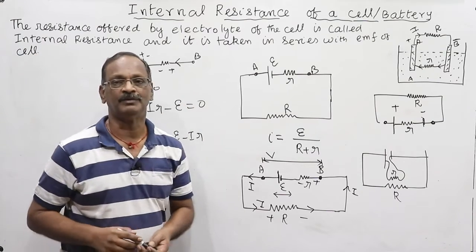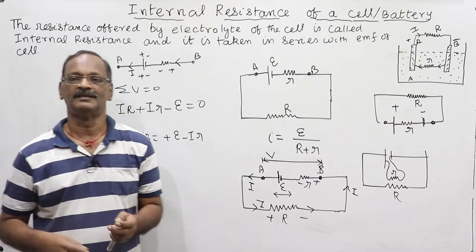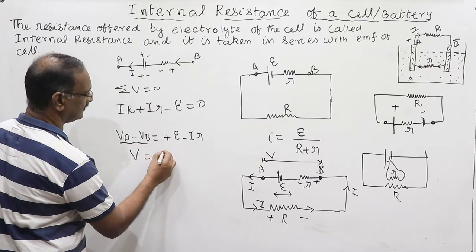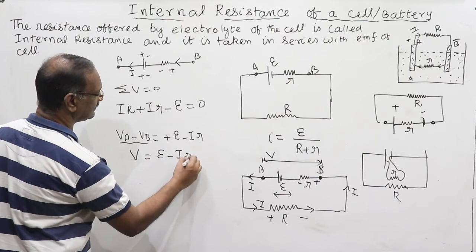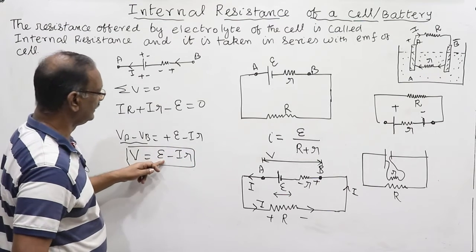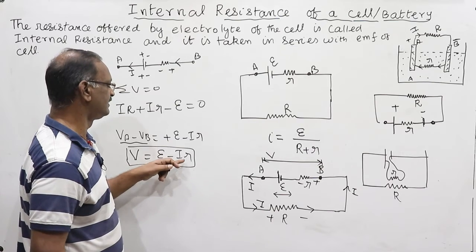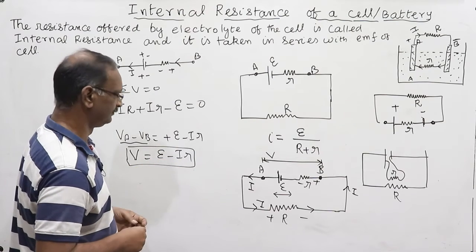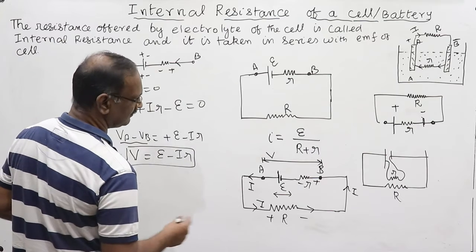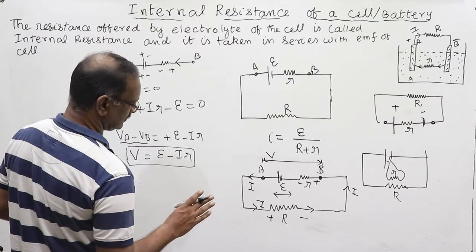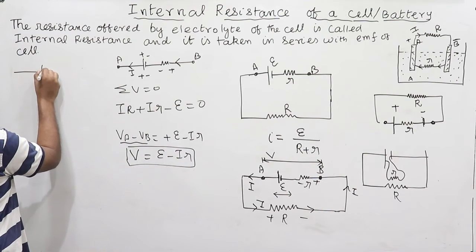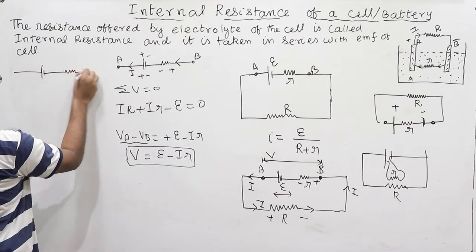Terminal potential means the potential between the two terminals of the battery. So we can represent V is equal to E minus Ir. That is, the terminal potential difference is equal to the EMF of the battery minus the potential drop across the cell. So now E is equal to I into R, and we have calculated I. What is the difference between the potential difference and the internal drop?